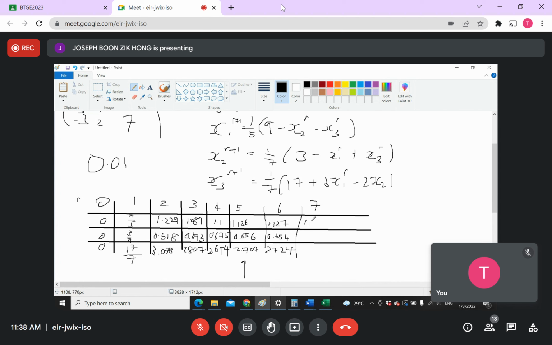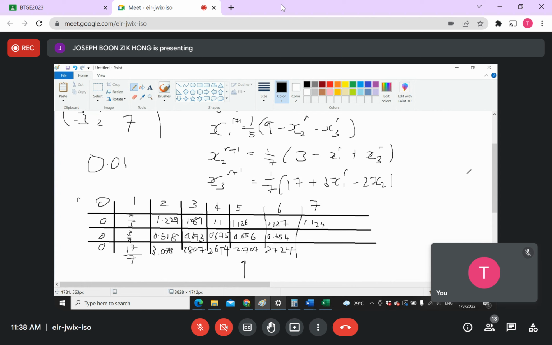1.124. So you can see 1.126, 1.127, 1.124 is somewhere between 1.127 and 1.124.